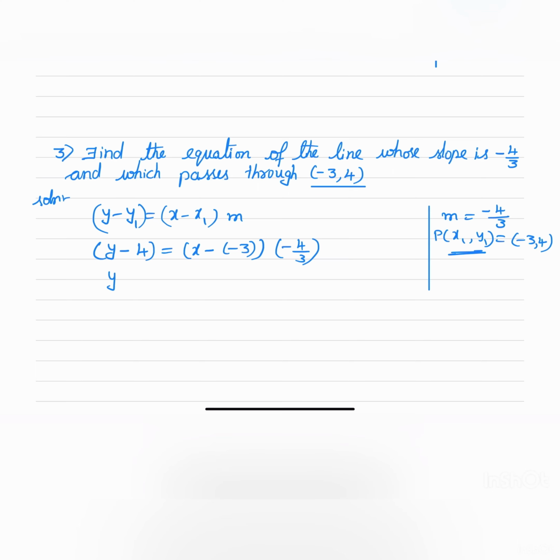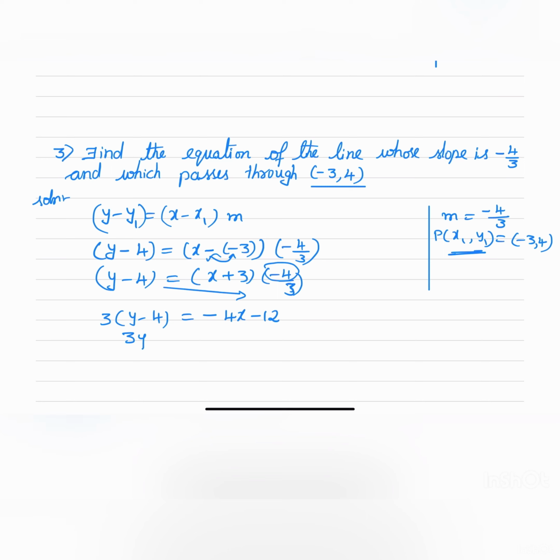Now let us simplify this. y minus 4 is equal to minus 4 by 3 into x plus 3, since minus into minus is plus. Let us cross multiply this 3 to the left side. We get 3 into y minus 4 is equal to minus 4 into x plus 3, that is minus 4x minus 12.